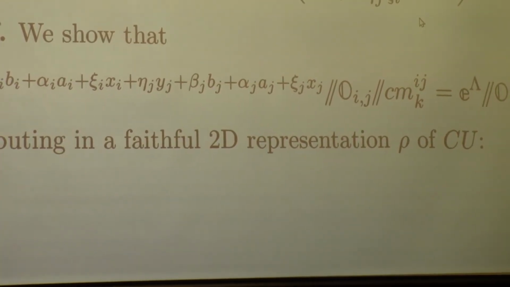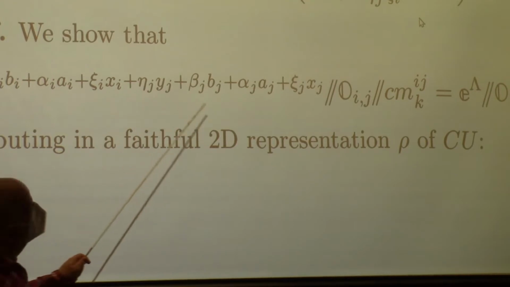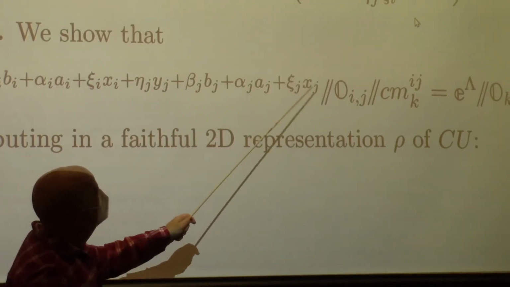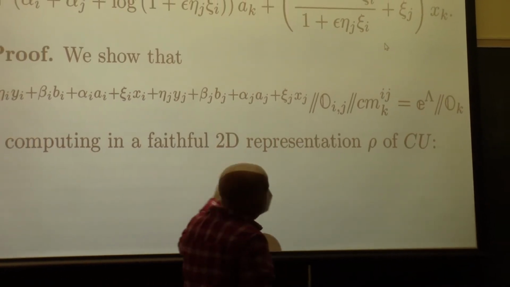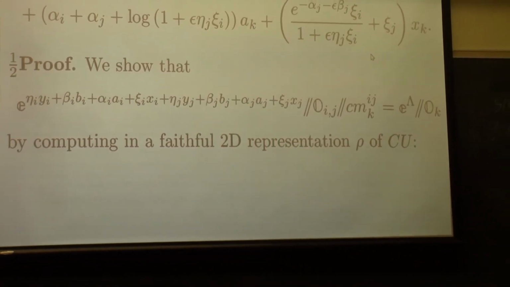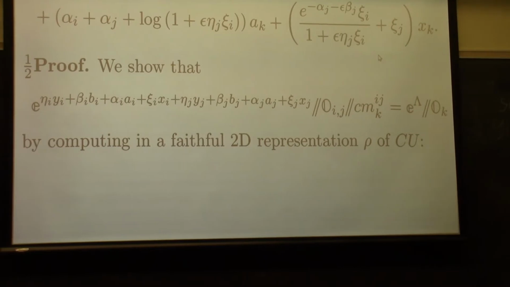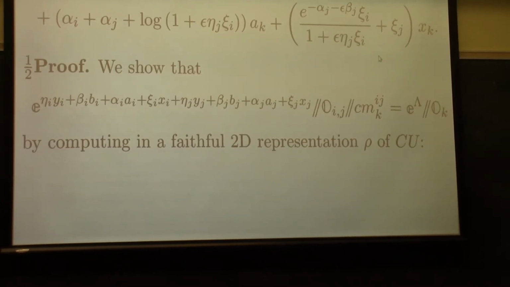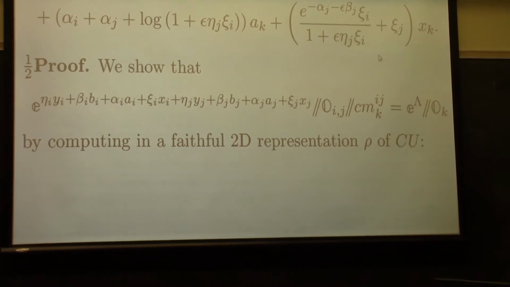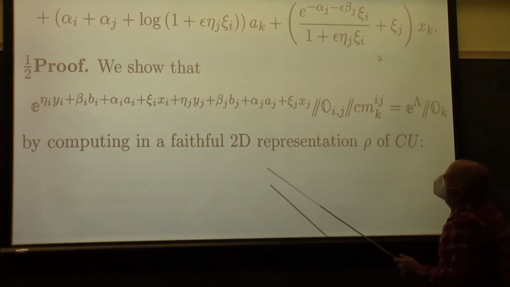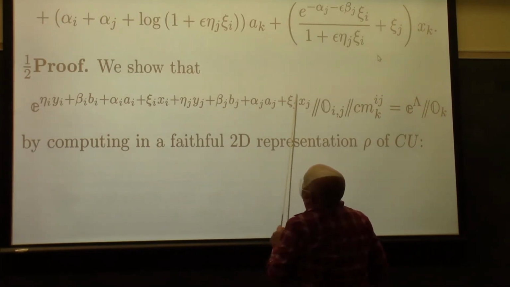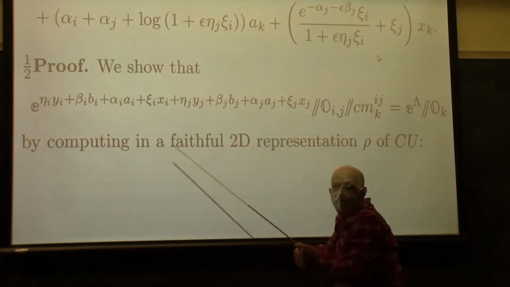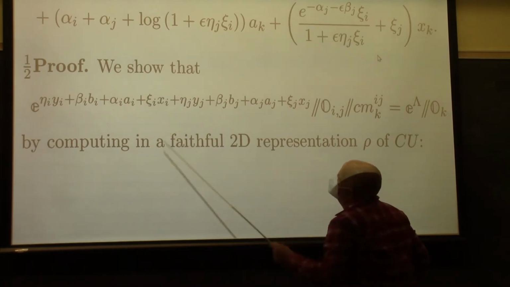Now, what is Oij applied, or what is this combination? First of all, I have to take the ordering map and apply it to this.